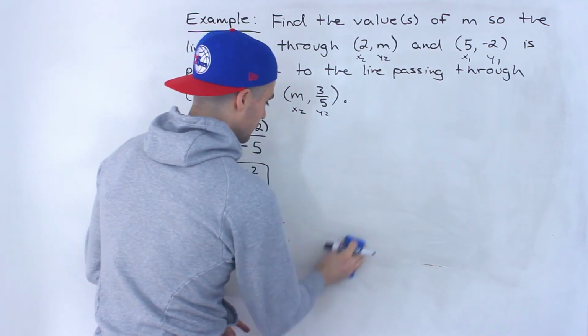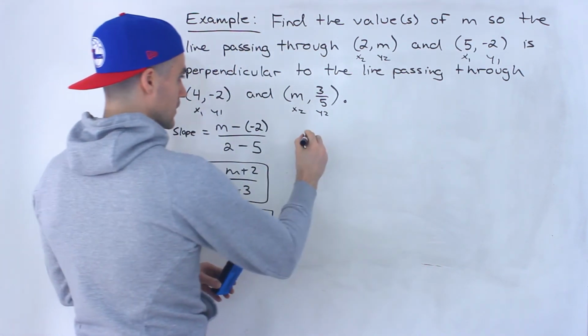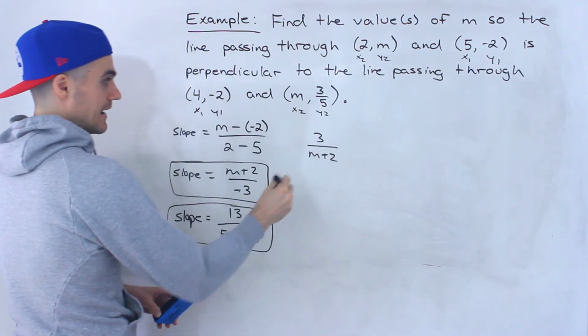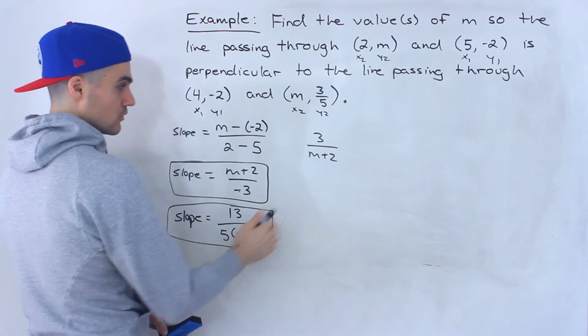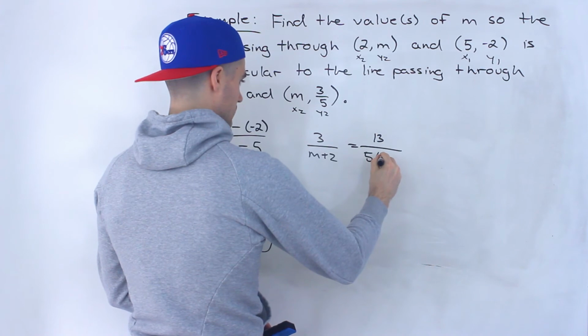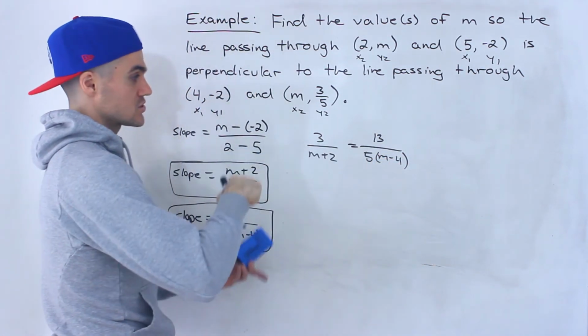So if we flip this and then change the sign, we would end up with 3 over m plus 2. And now this has to equal this slope. And now we have an equation and we could solve for m.